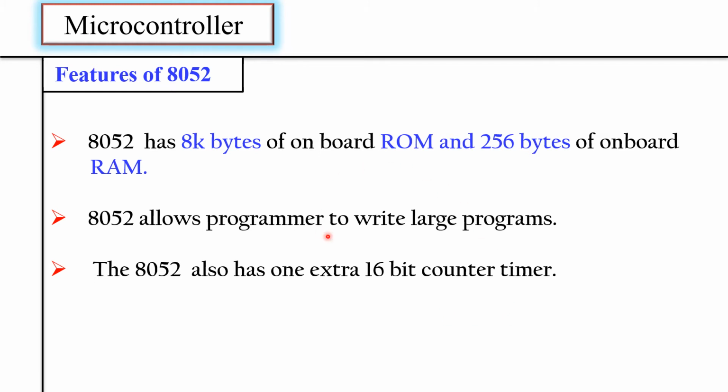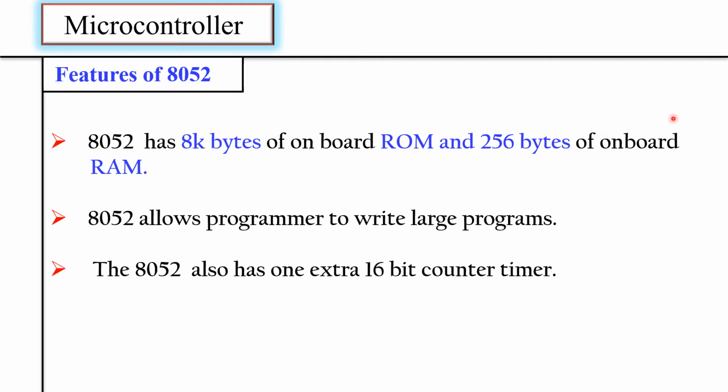So we will just have a recap of this. 8052 has 8 kilobytes of onboard ROM and 256 bytes of onboard RAM. 8052 allows the programmer to write large programs. 8052 also has one extra 16-bit counter timer.